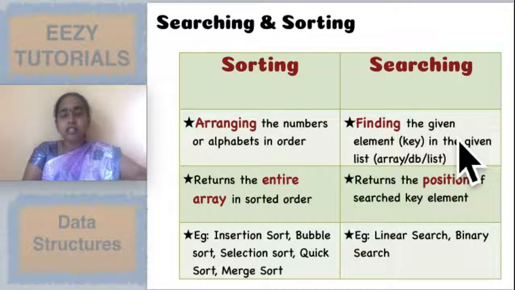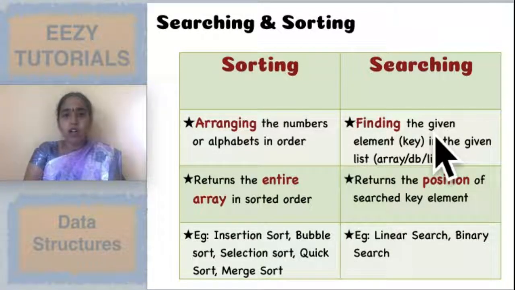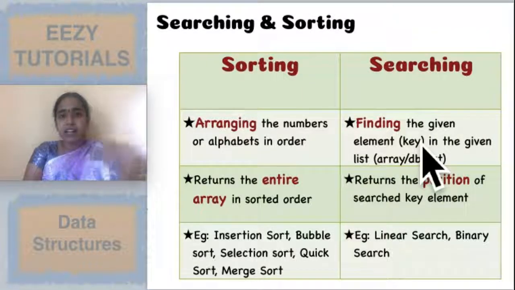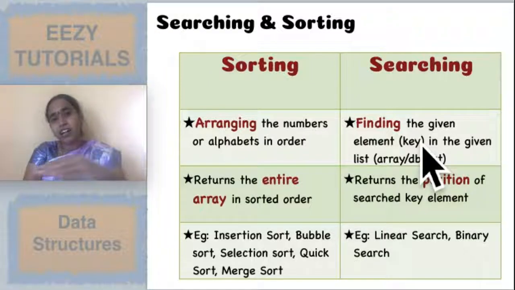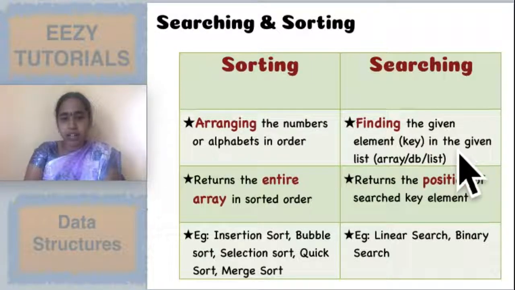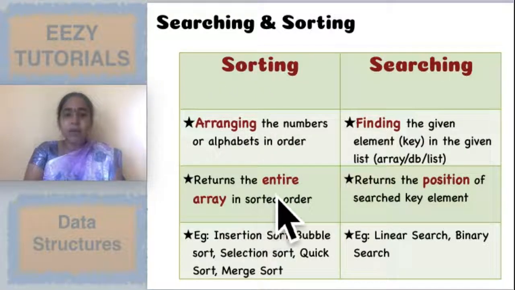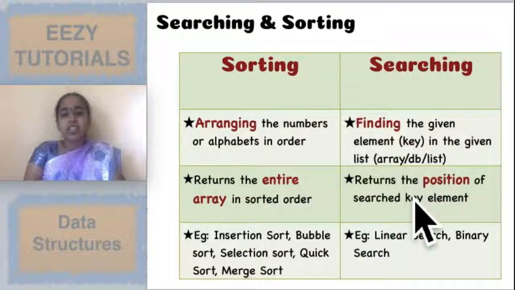If I want to search for that student in the list, 15 is my search element, which is technically called the key. With that key, I have to find where it is present, find the position, and take all the corresponding data. That is called finding. So sorting returns the entire array in the arranged order. Searching means that for the given key element, the position of it will be searched and returned.